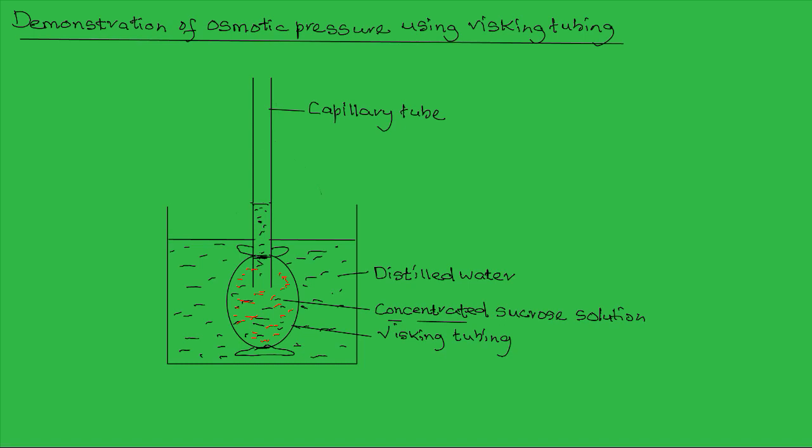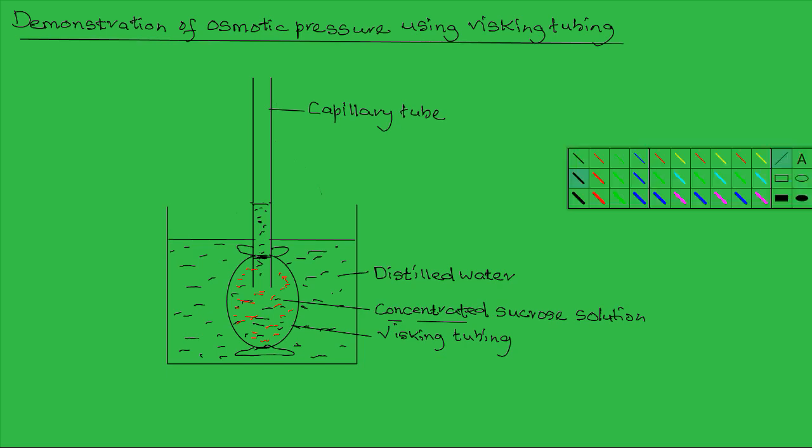Now, why? This is because water molecules move from the distilled water by osmosis and into the Vissking tubing. As the water molecules move in by osmosis, the volume of the Vissking tubing increases, and this generates a pressure that acts upward and causes the solution level to rise.